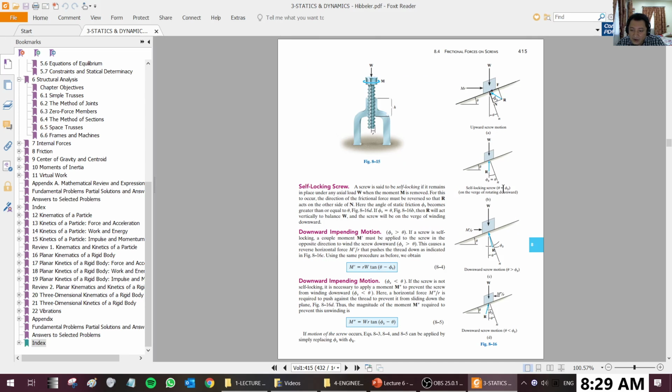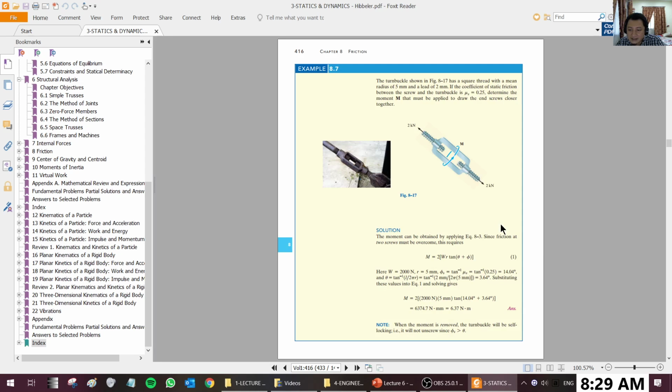This is a very long derivation. I'm going to update the lecture notes later on and then you can read about this. But by right, if you are able to settle this by looking at formulas, you're pretty okay.